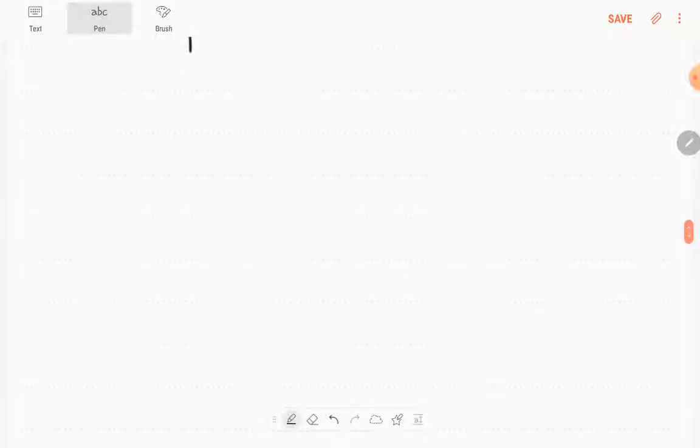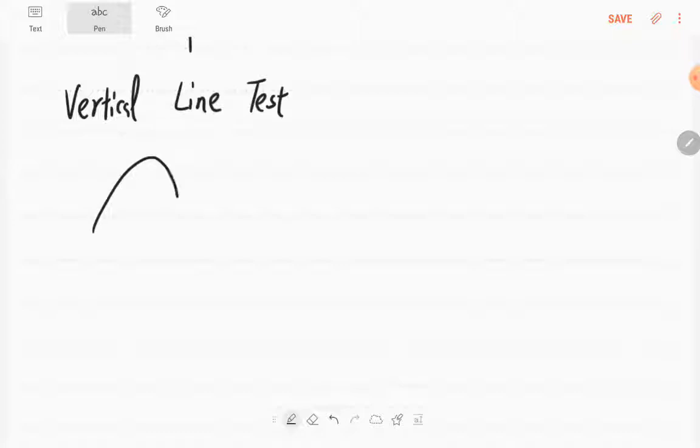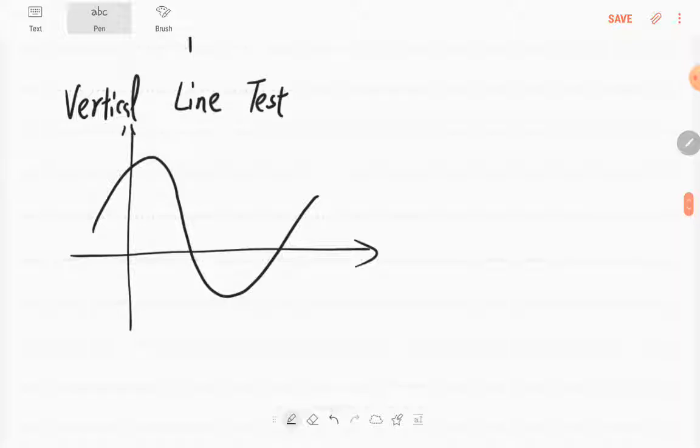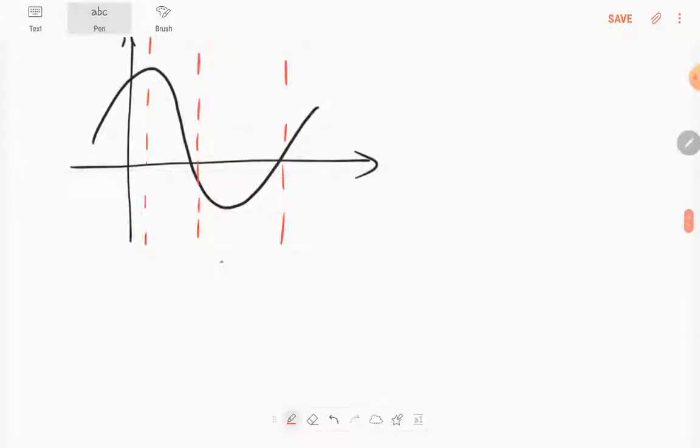And the last time we had the vertical line test. We can use a vertical line to identify whether a curve is a function or not. This is just a quick review. This is an arbitrary vertical line. There is only one intersection point, right? And so this is a function.